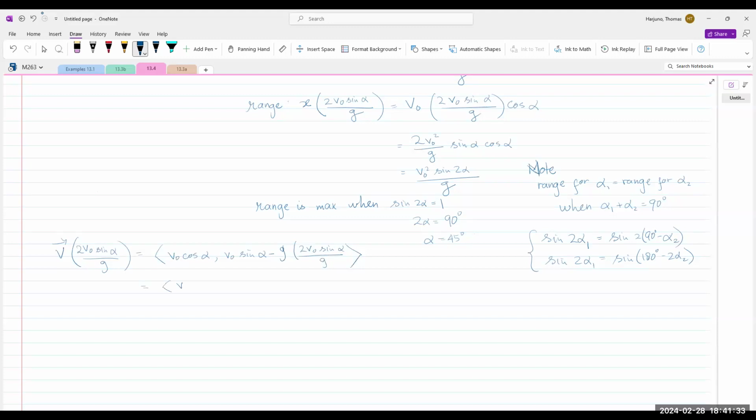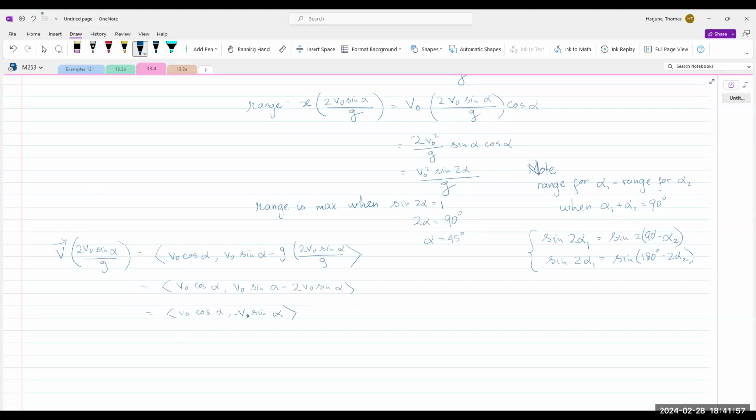But when you compute this, you will get v naught sine alpha minus 2 v naught sine alpha, which is v naught cosine alpha, negative v naught sine alpha.